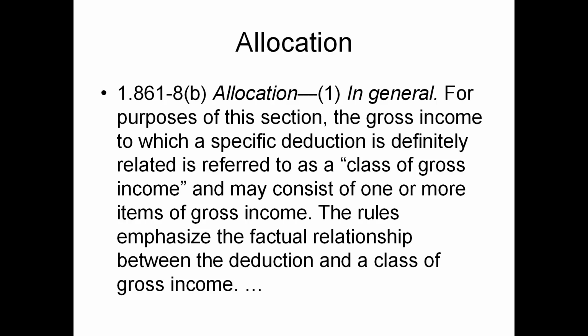The rules, this is a direct quote from the regs, by the way, the rules, meaning these rules, emphasize the factual relationship between the deduction and a class of gross income. So this factual relationship is really the key to everything.